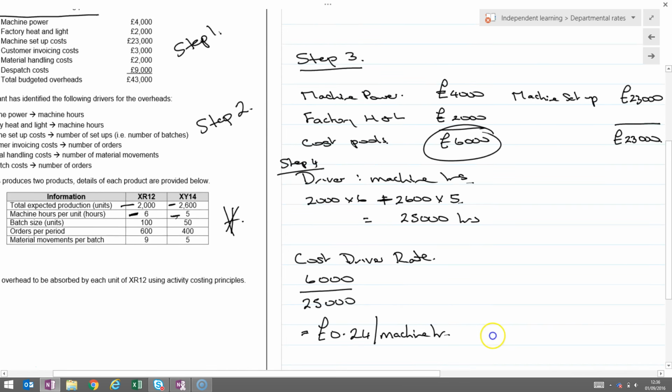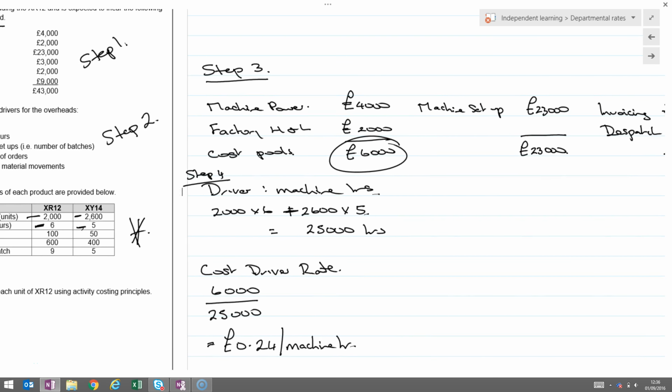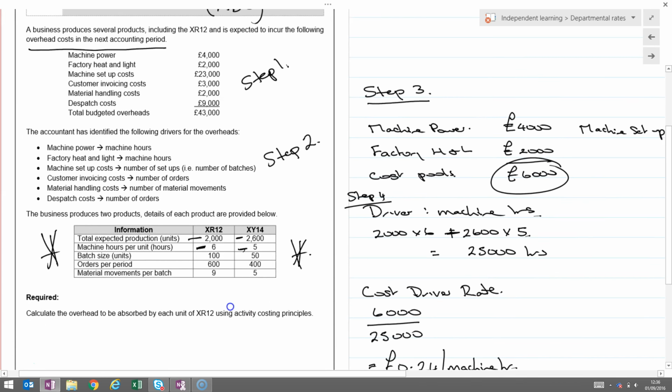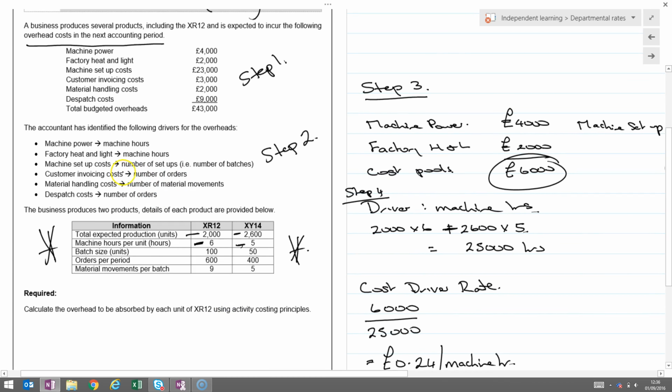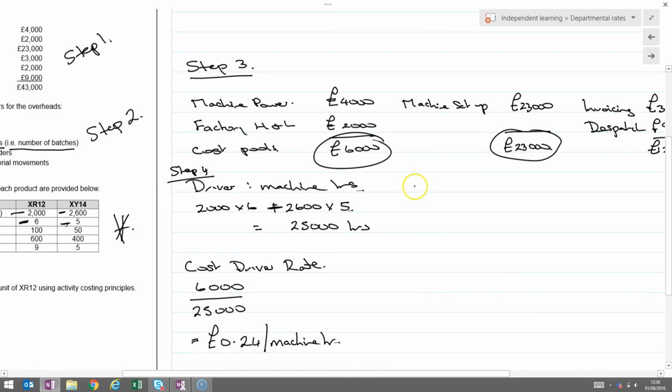So now let's look at our next cost pool. So our cost pool, £23,000. This is our machine setups. The driver for machine setups is the number of setups or number of batches. Remember again, this needs to be for the period.